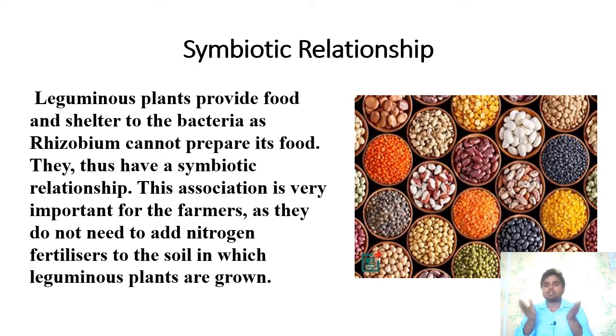So now here also we will study what rhizobium actually do. They convert the atmospheric nitrogen into soluble form, and in return what will the plant give to the rhizobium? It will give the food or nutrition whatever the plant will make. So I hope it is clear to you.